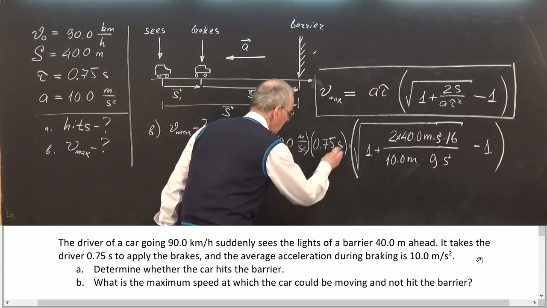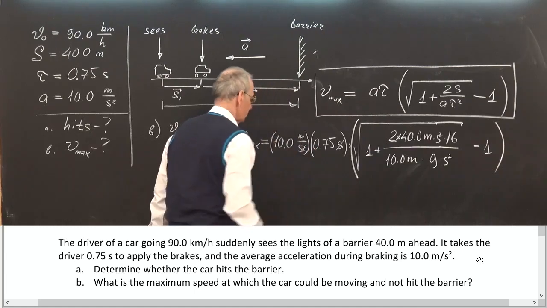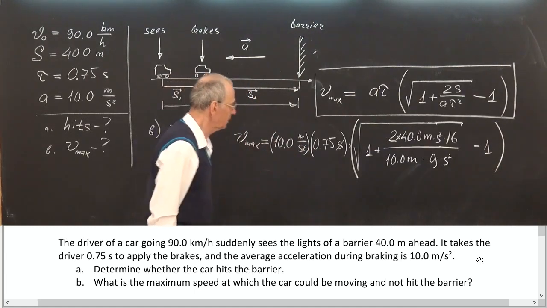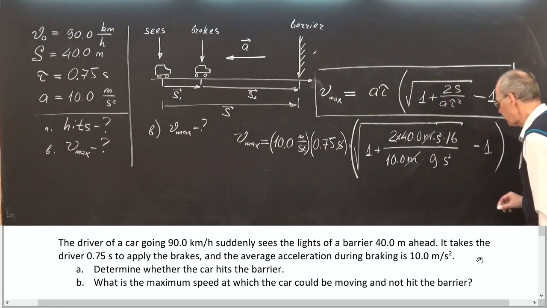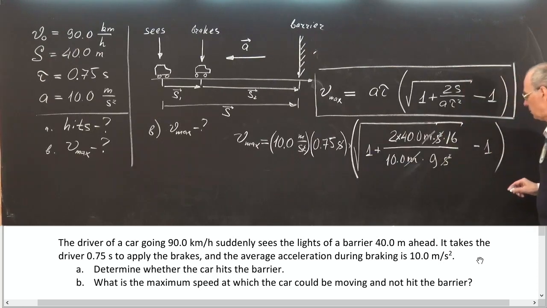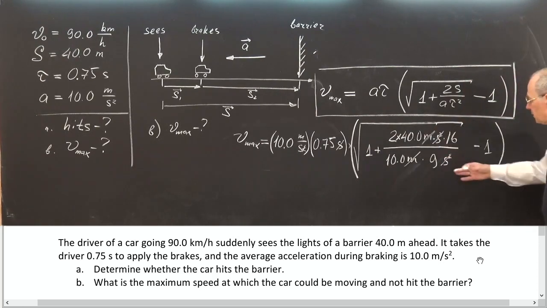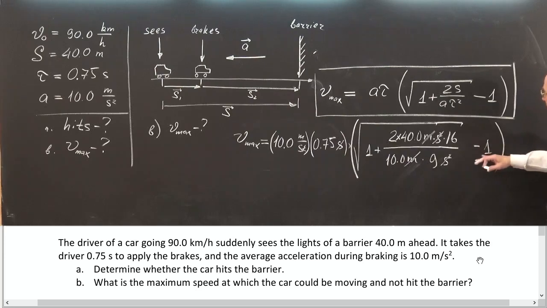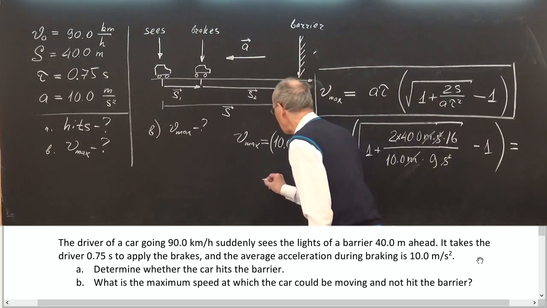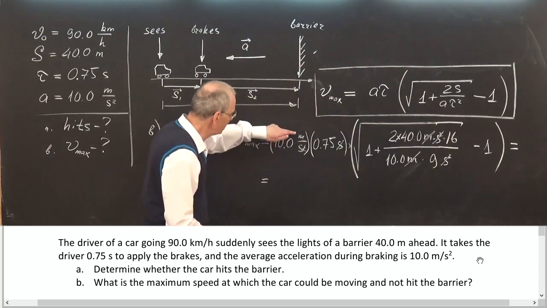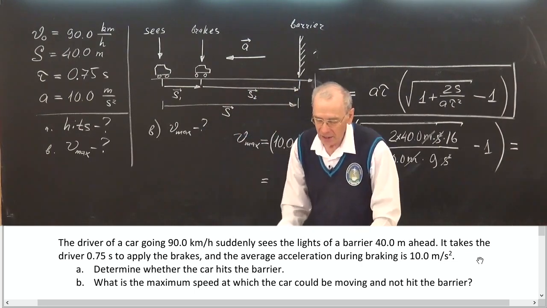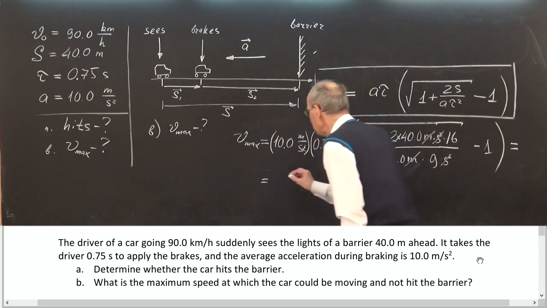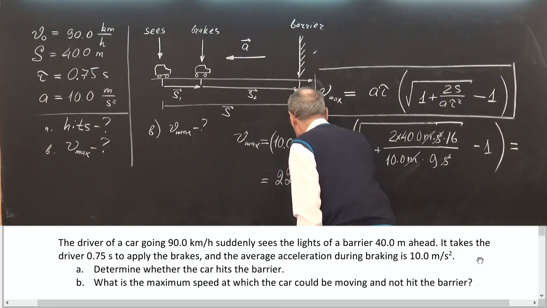Units: meters divide out, seconds squared divide out. So we have a dimensionless root minus a dimensionless unit, and after calculations we have the result in meters per second, and it gives 22 meters per second.